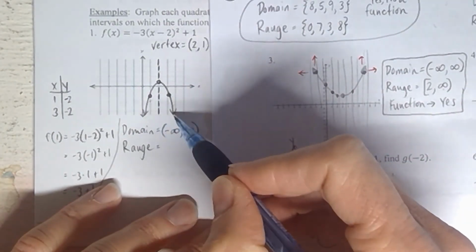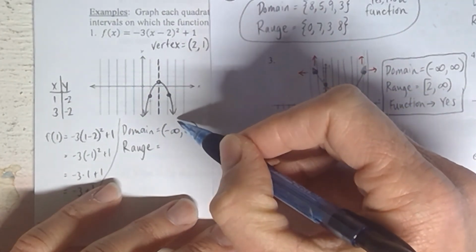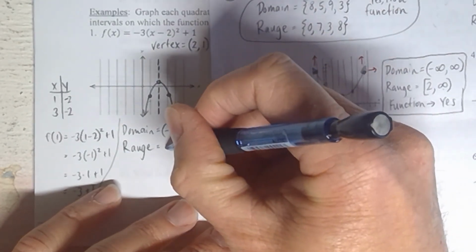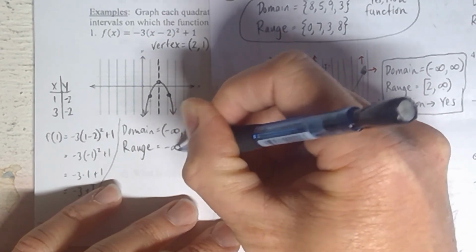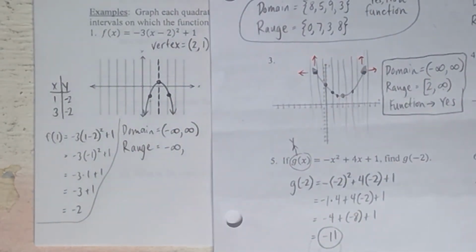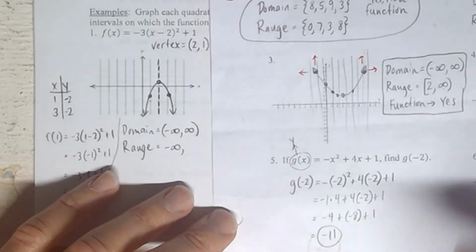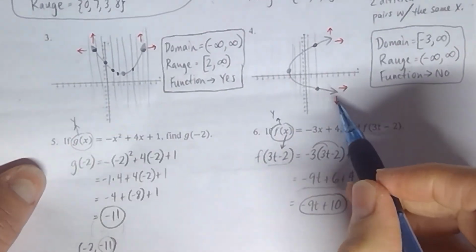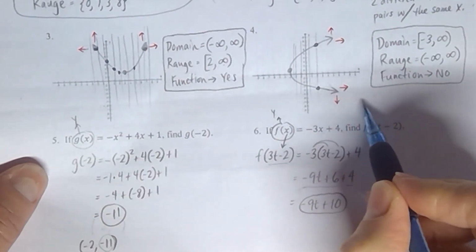Well, this is the opposite thing right here. It goes downward forever because these arrows tell us that, so the range actually starts at negative infinity. The range always starts at negative infinity if your graph points downward, at any point on the graph. Just like this one did over here. This one points downward.